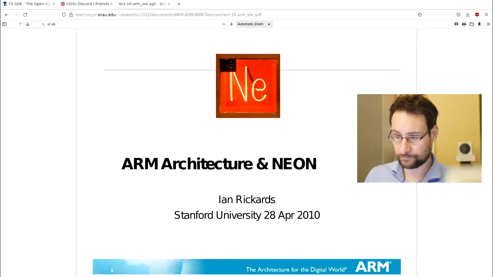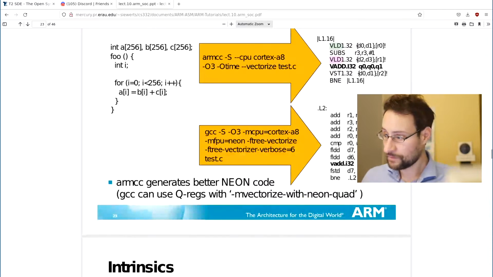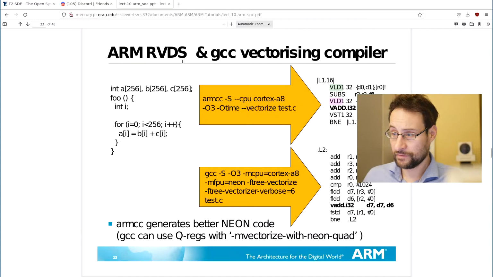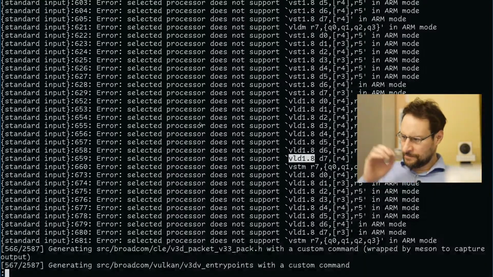VLD1. Does search not work? Hello search. VLD1. That stuff too, VLD132, vector load. Does not support in ARM mode.